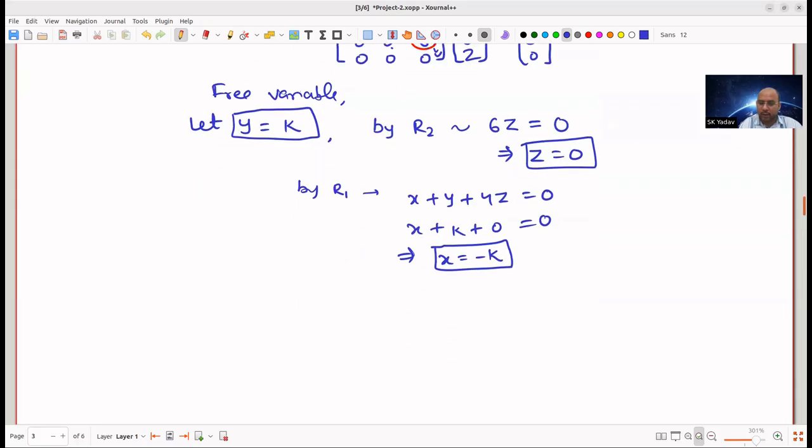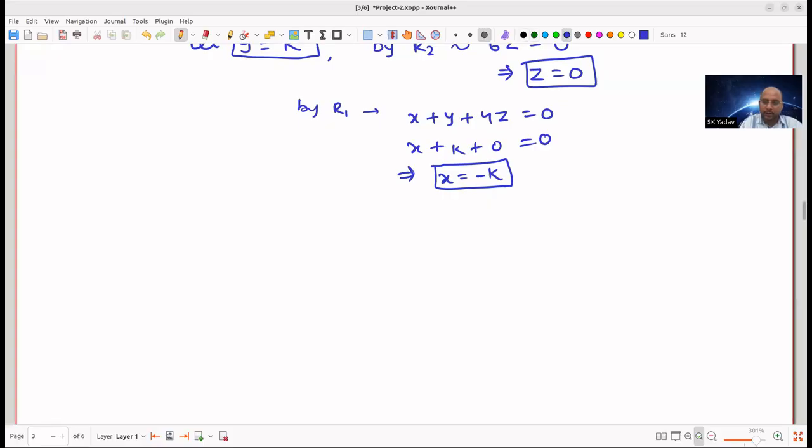So vector x is minus k. Now we can write the eigenvector as x2 is equal to x, y, z, and this means we can write now minus k, k and 0, z is 0.